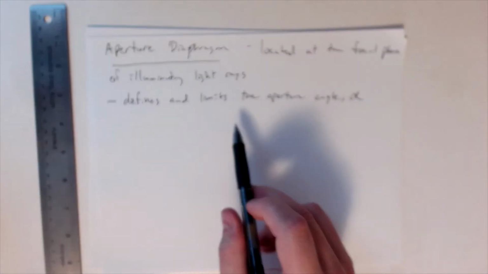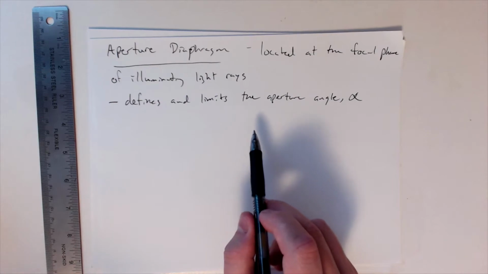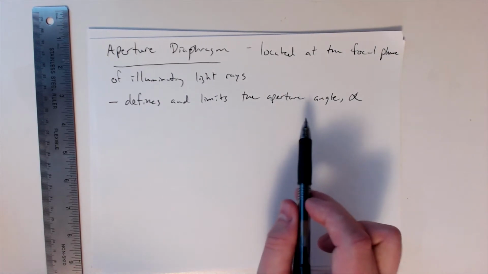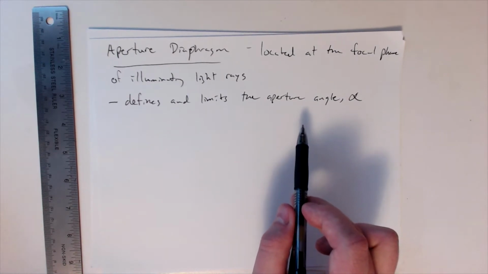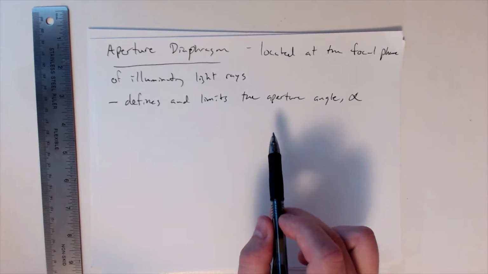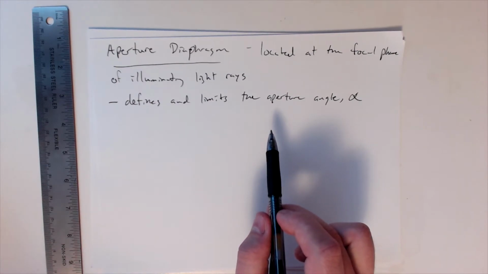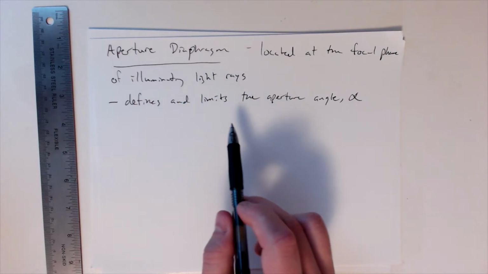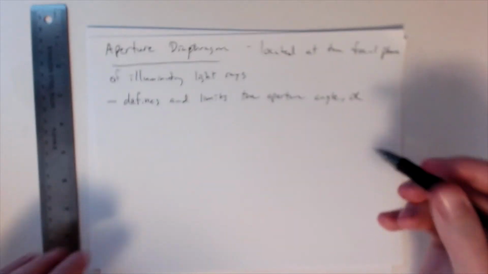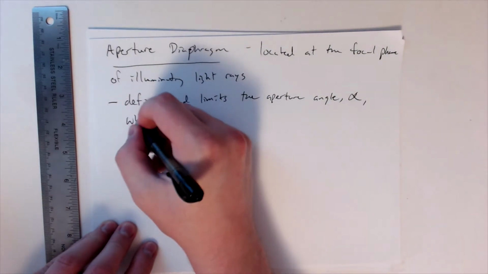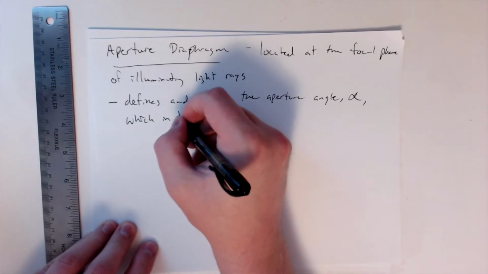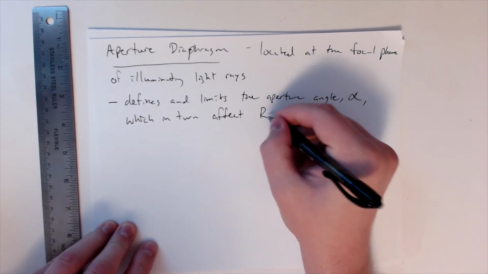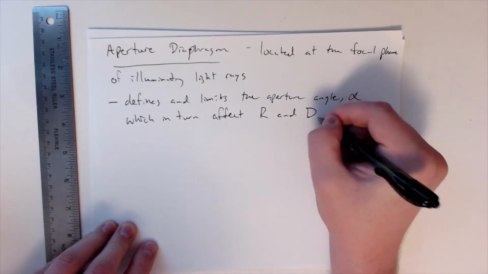We've already talked about the purpose of this diaphragm because we've talked a lot about what aperture angle does, and numerical aperture as an extension of that. But this is what actually can adjust the aperture angle. So we can use this aperture diaphragm to modify this angle for us. And that will in turn affect the resolution and depth of field.